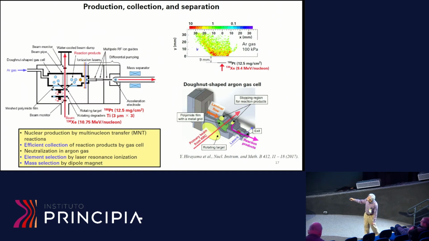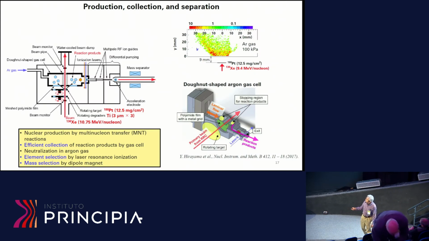Such ions are transported by the RF ion guides, accelerated by a high voltage, and mass separated by the dipole magnetic field. So using the gas cell, we can efficiently collect the reaction products, and by neutralization and laser resonance ionization, we can select the one element. And using the dipole magnetic field, we can select the mass.